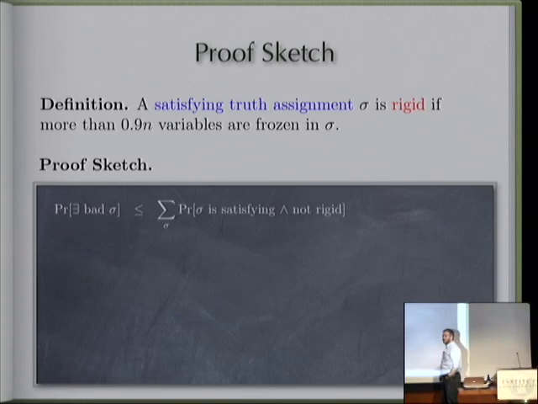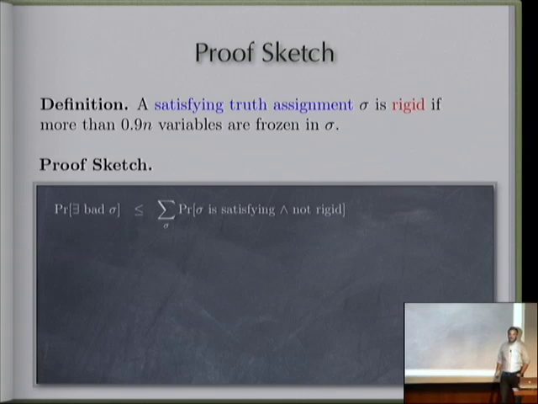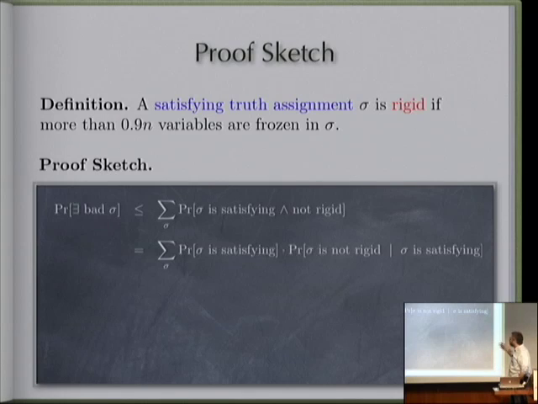We'll just do a union bound, and we'll say the probability that there is a bad value assignment is just the sum over all value assignments of the probability that sigma is satisfying and not rigid, which I just used Bayes' rule to write as the probability that it's satisfying times the probability that sigma is not rigid given that it's satisfying.